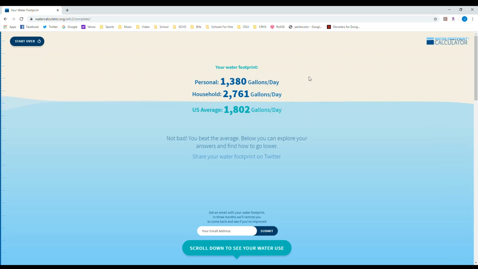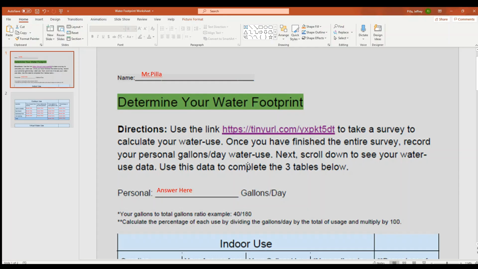Whatever number you came up with should be shown here. It's all based on how you answered those questions, okay? What you're going to do with that number is put it in the worksheet. Your personal water use goes right here. Please make sure that you record your gallons per day water use, because you're going to need this number going forward, okay?